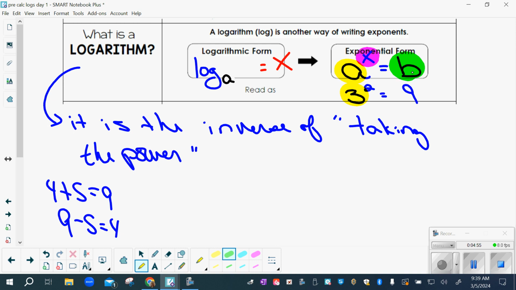His name is argument. And he is going in the only place that's left. And what we're saying is log base a of b equals x. The base lives in the basement. The answer is the exponent. The leftover guy goes in the only leftover space. So what we're going to do tonight is flip back and forth between the two forms. Is that cool with everybody? Nice and easy. Super, super easy.